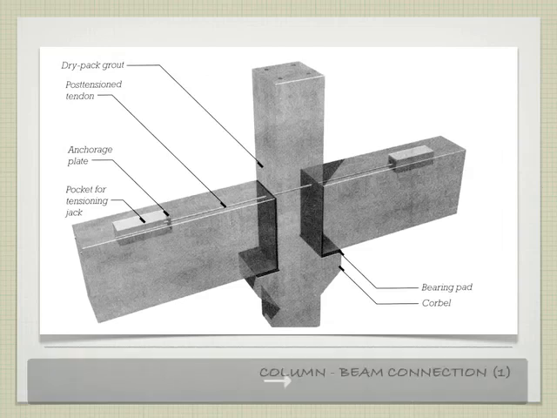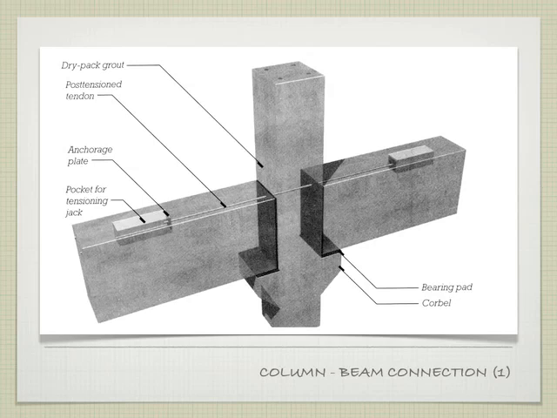So if we're doing a column to a beam, we need some way of tying those pieces together. And so we can do that using post-tensioning, or we can do that using weld plates, which I'll show you in the next slide. So in this particular example, it's a post-tension tendon. So the idea here is we have a cavity on each side, on each beam.